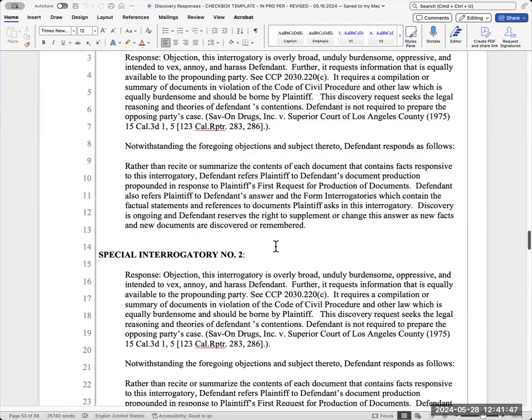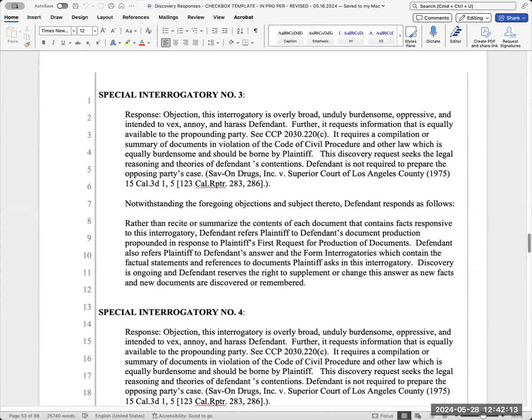And so perhaps it is already asked and answered, and you can just leave this paragraph in. If you think that it requires an answer that's not provided already, either in the form interrogatories, unlawful detainer, or the request for production of documents, then you should add to this paragraph some piece of information that answers the question. Okay? And that's the special interrogatories.